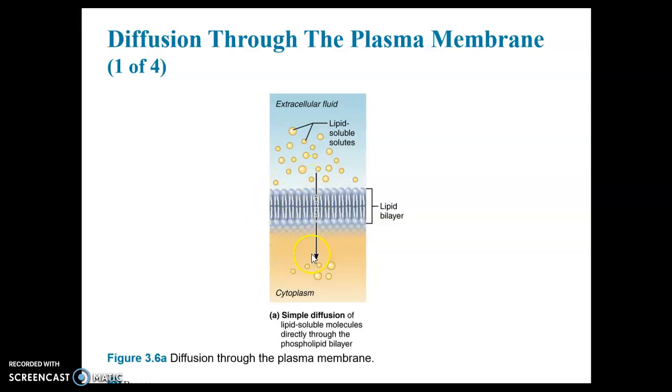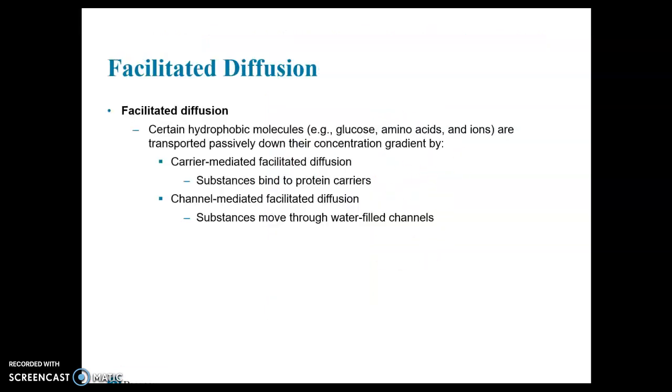They go directly through the phospholipid bilayer, so they have to be small and lipid soluble. Some examples are gases like oxygen and carbon dioxide, and nonpolar lipid substances like steroid hormones.